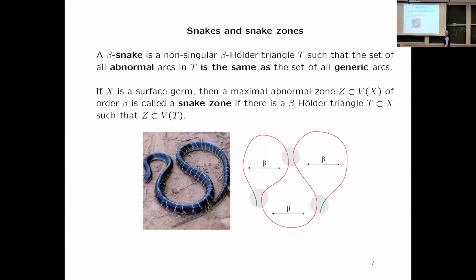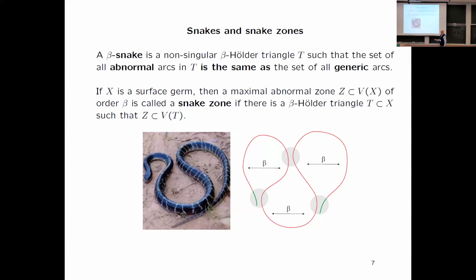Here is an example. I already mentioned that this example is a link of a germ of a two-dimensional surface. It's really hard to draw a germ of a surface, but it's easy to draw a link, which is one-dimensional.